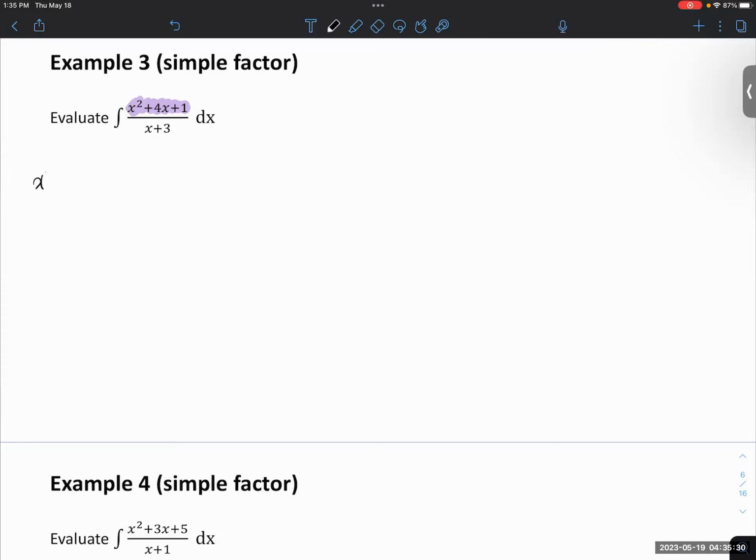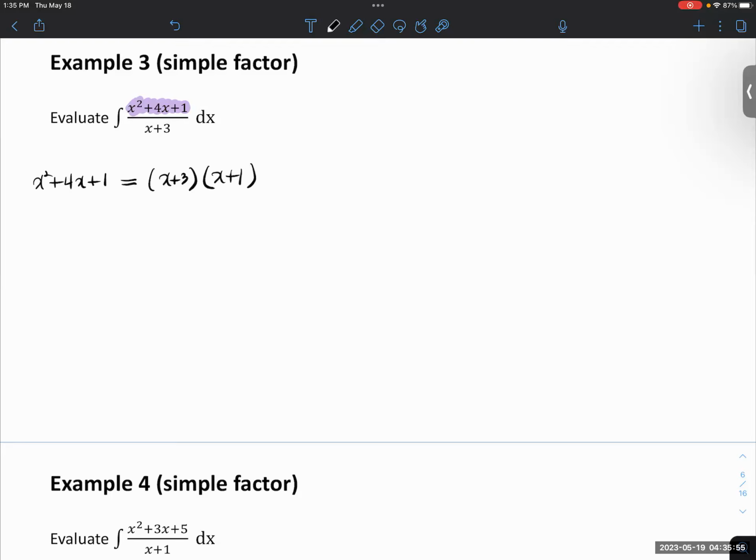I do know x squared plus 4x plus 1. You can think about a binomial factor. So let's say we have x plus 3. And then it does not have two binomials, so I'm going to modify it a little bit. x squared plus 4x plus 1.